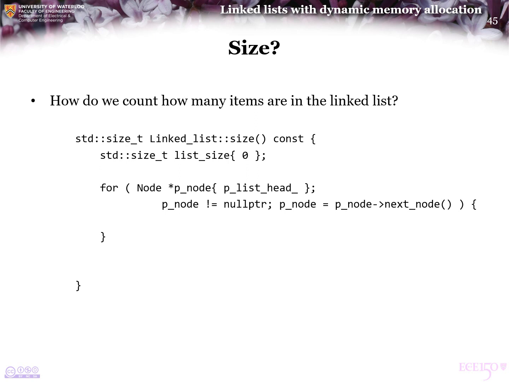That means every time the loop body is executed, we should be counting that particular node. So with every single loop, we will increment the value of list size. Once the loop ends, we will just return that local variable.